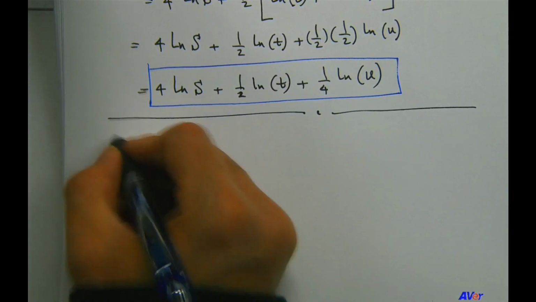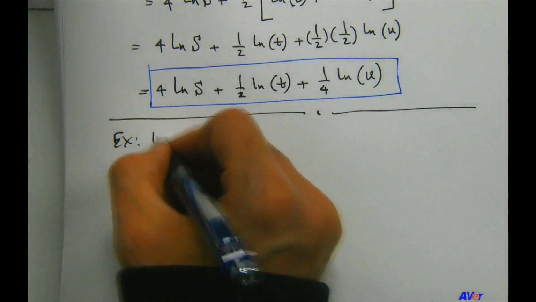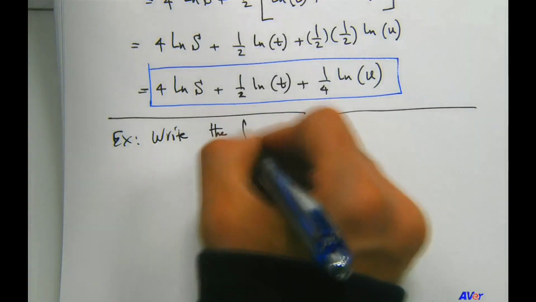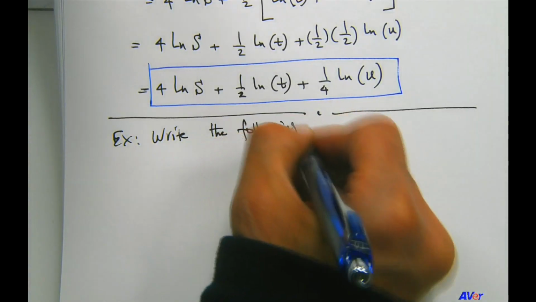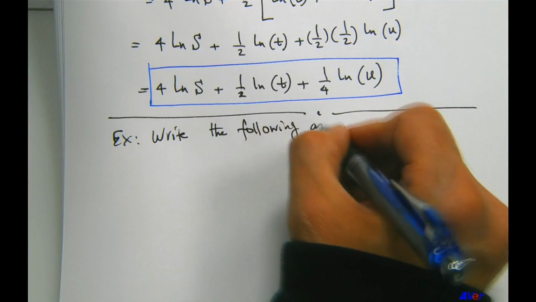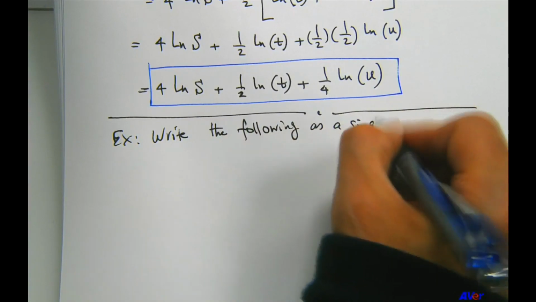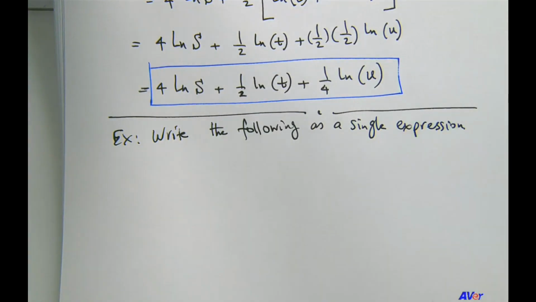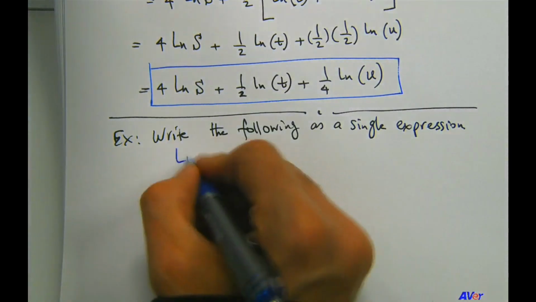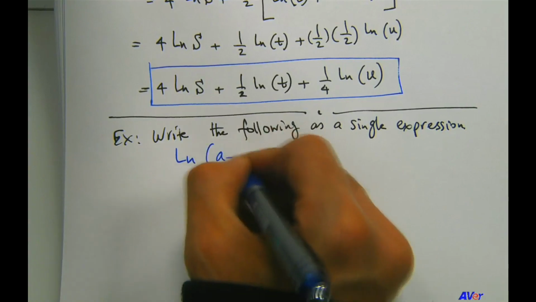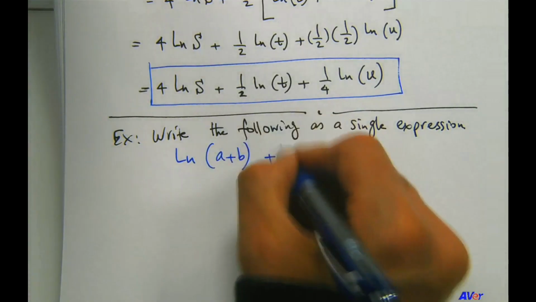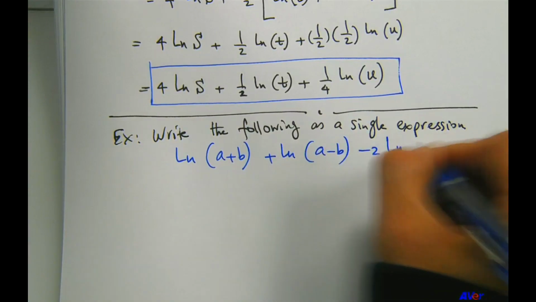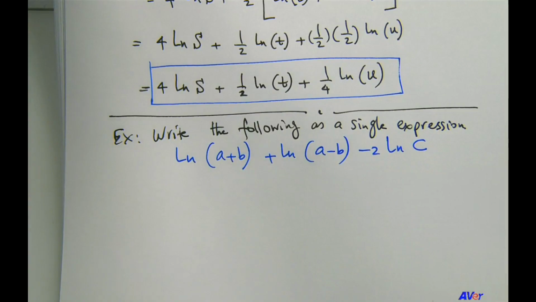So we want to write the following as a single expression. Okay, so here's the expression we have. Natural log of a plus b plus natural log of a minus b minus 2 times natural log of c.